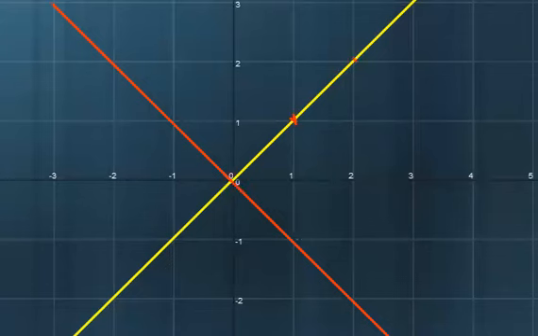Even here, the x coordinate is 2 and the y coordinate is 2. When you come down here, what is the x coordinate? It's -2 and the y coordinate is also -2. So the x coordinate is the same as the y coordinate. You get that, don't you?